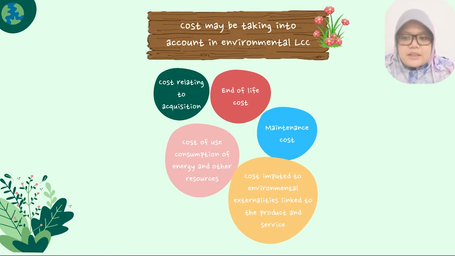And the last one is the cost imputed to environmental externalities linked to products and services. This means environmental effects of production and consumption that affect customer utility and enterprise costs outside the market mechanism, which will affect the products and services in the company.